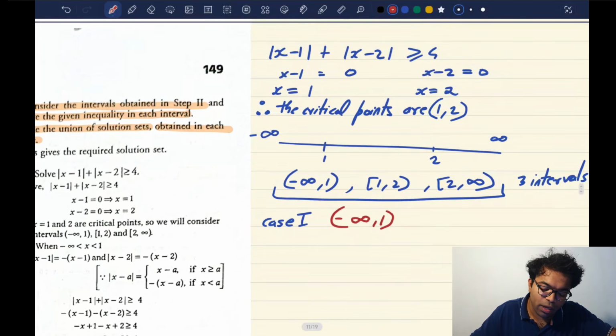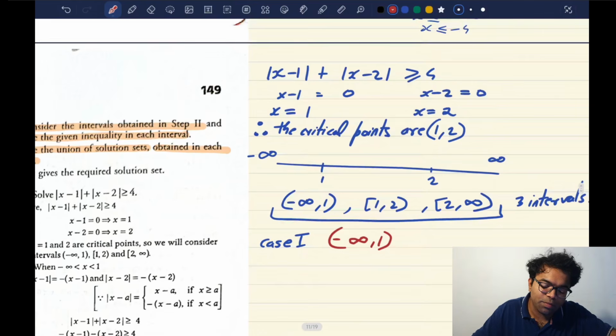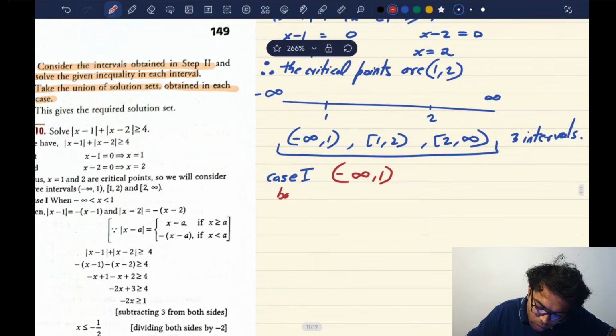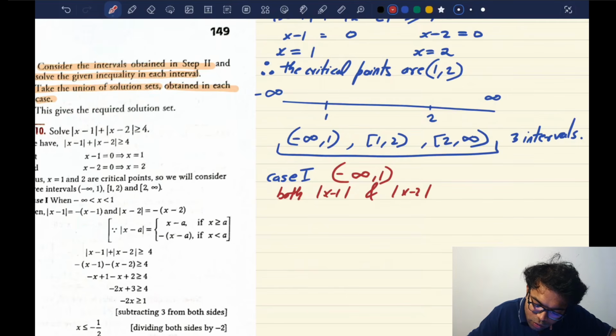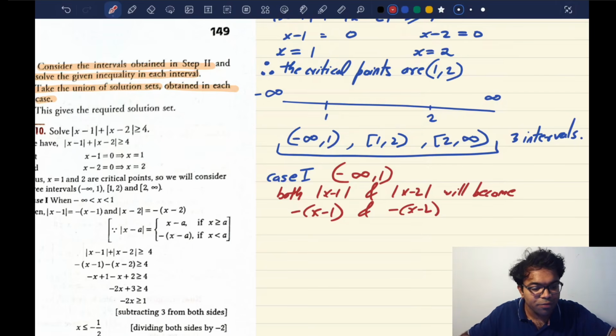In minus infinity to 1, if you put a value for x, x minus 1 will be negative, right? For any value that I put, both modulus of x minus 1 and modulus of x minus 2 will become minus of x minus 1 and minus of x minus 2, because they are negative.